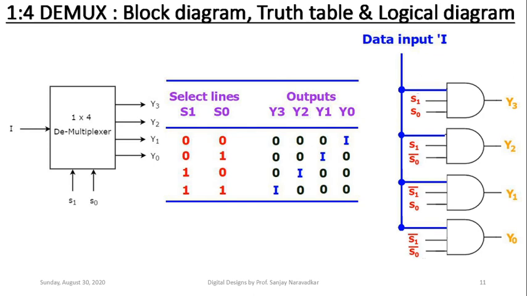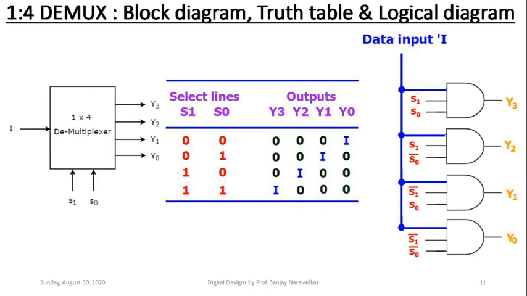It means that in order to develop the outputs of each of those AND gates, we are observing only the respective output column within that truth table, and then the input combinations are properly written to the input side of the corresponding AND gate. So this is the logical diagram, or the design, of the 1 to 4 demultiplexer.